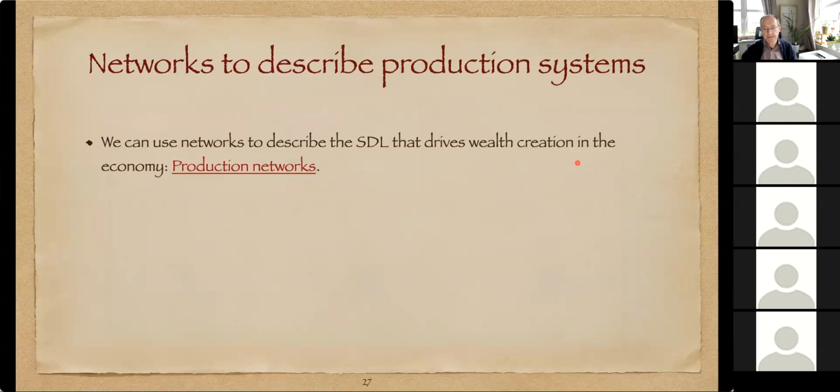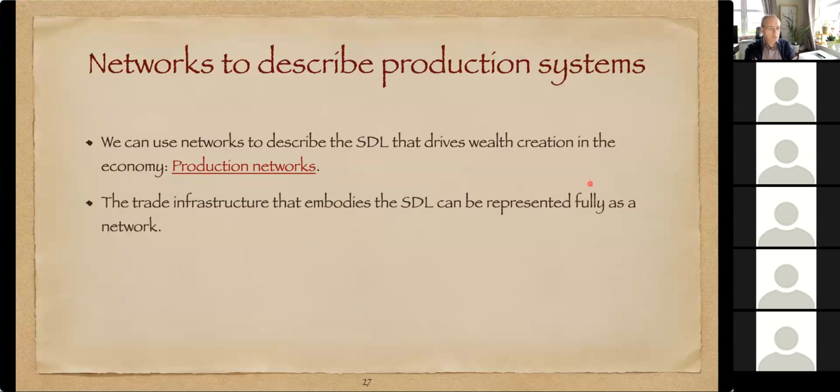Before we go into lecture 10, where we apply network theory in a more general way to describe important economic properties of networks, I want to dwell still a little bit on the ultimate goal of all this, and that is to describe snapshots of the social division of labor, namely everything that is traded and visible, mapping that out in a network, and we call that the production network.